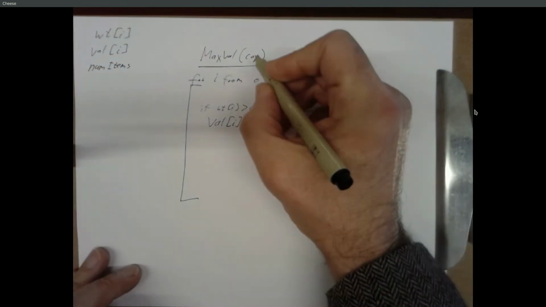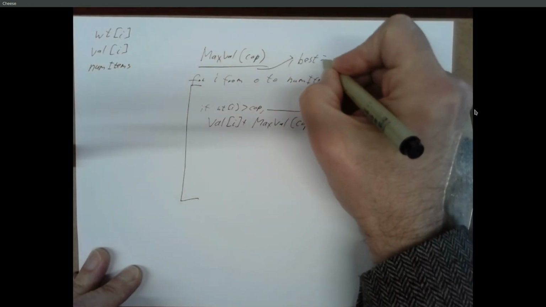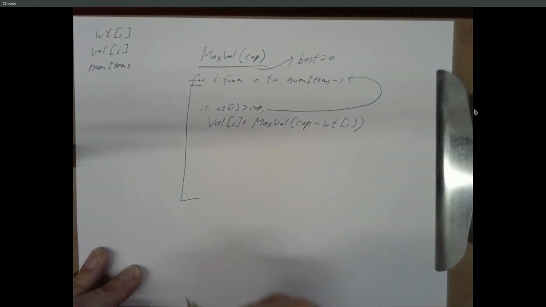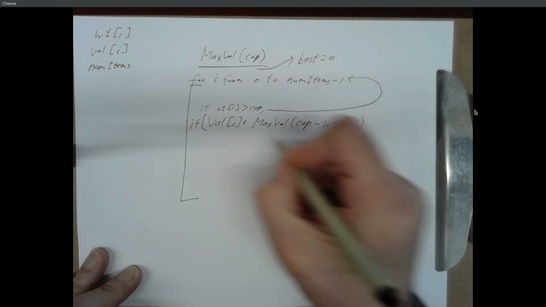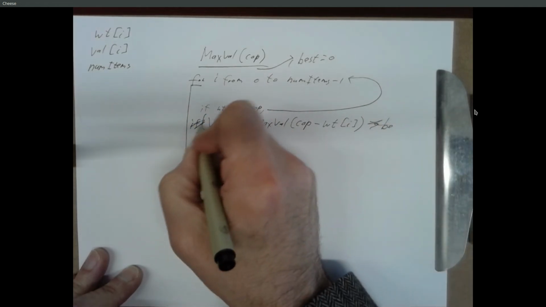So we can do some initialization like best equals 0. And then you can say if this thing is bigger than best, well, let's do this.